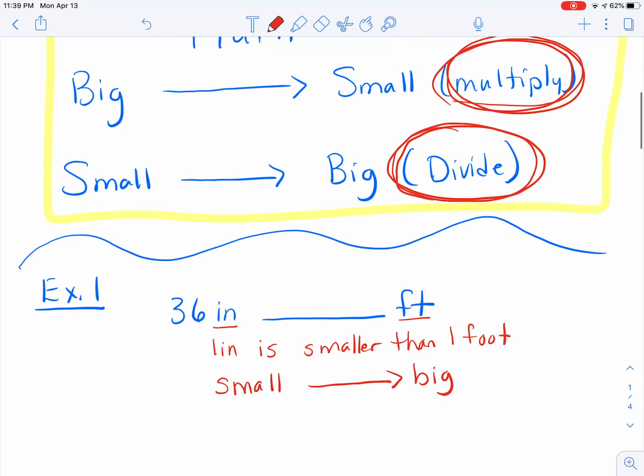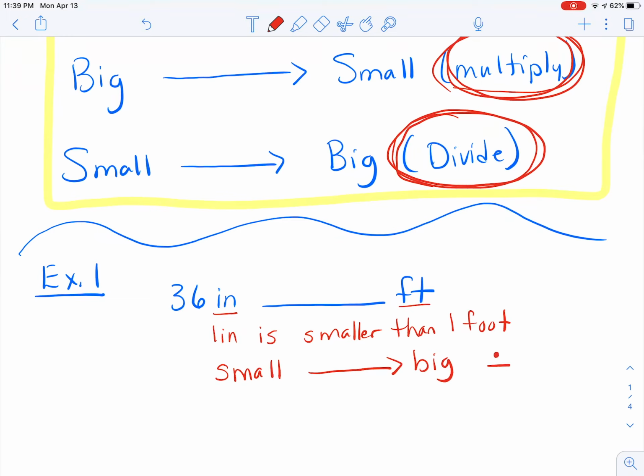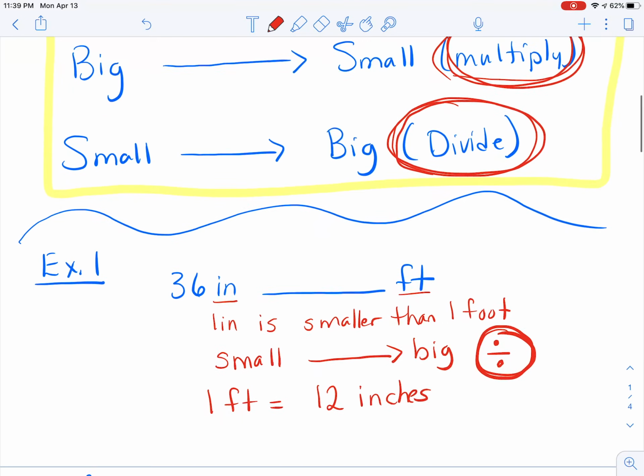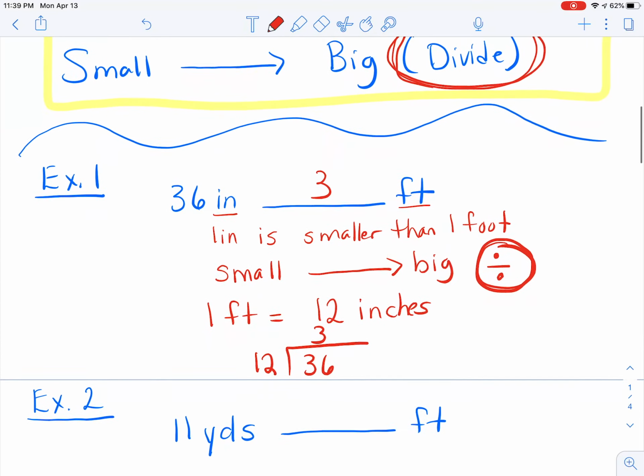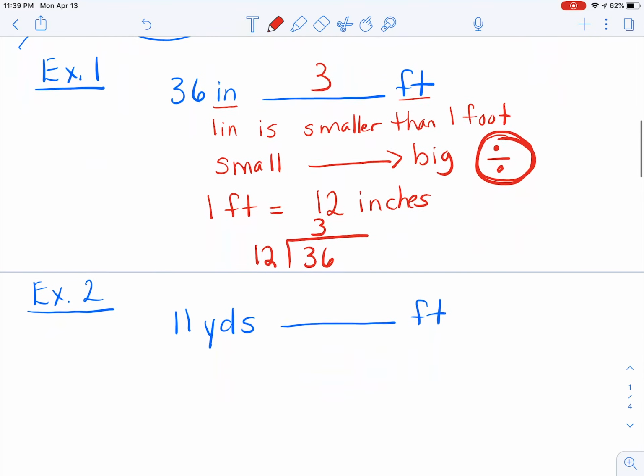And my operation for small to big is division. Now, when I'm comparing inches to feet, what do I know? Well, I know that 1 foot equals 12 inches. And I know I'm going to use division. So it's going to be 12 into 36. 12 goes into 36 3 times. So in 36 inches, I have 3 feet.